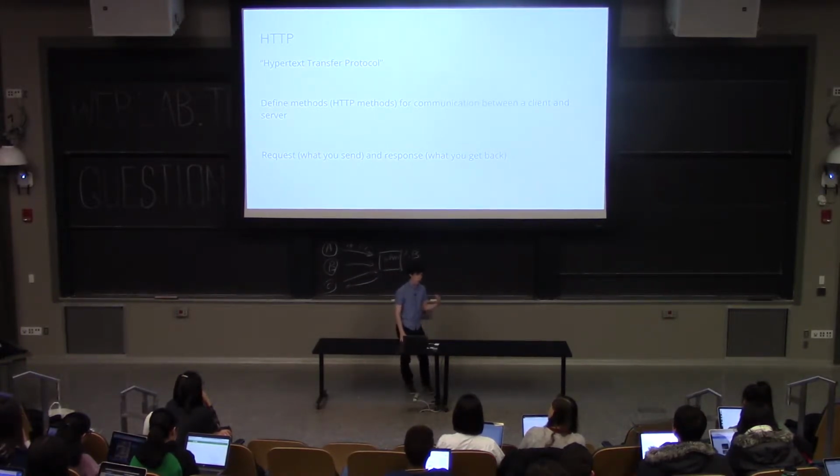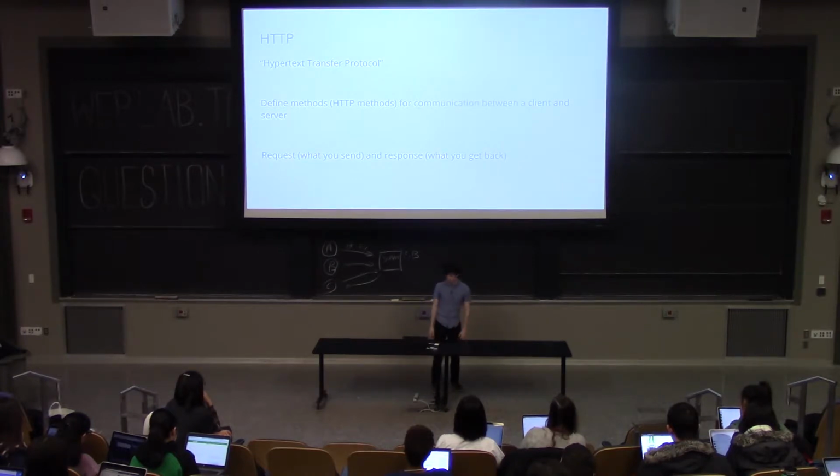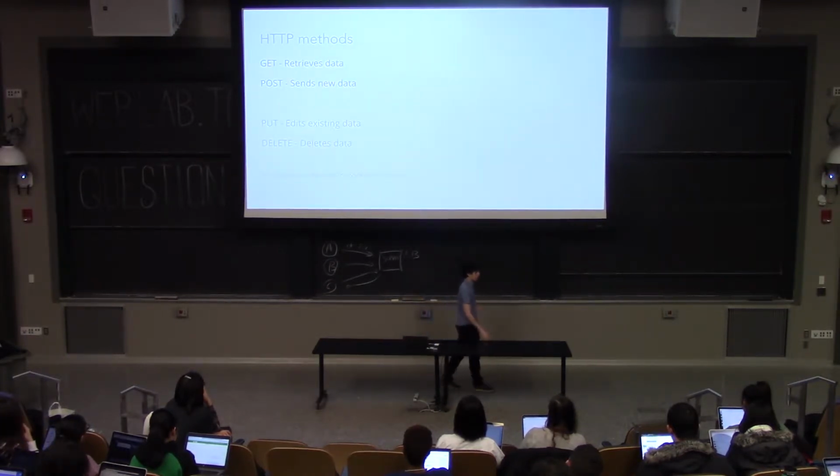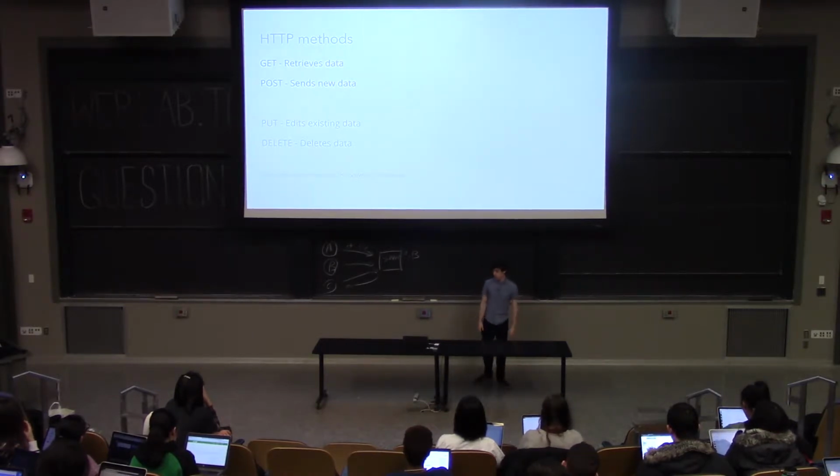There are different ways of describing what type of communication you want to do. Those are HTTP methods. What you send is a request, and what you receive back is a response. In this class, we're only going to have to worry about two methods, get and post.